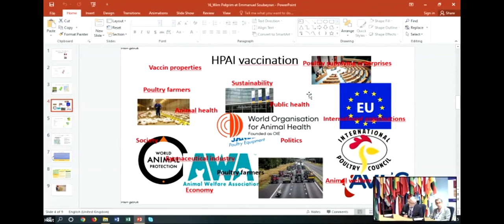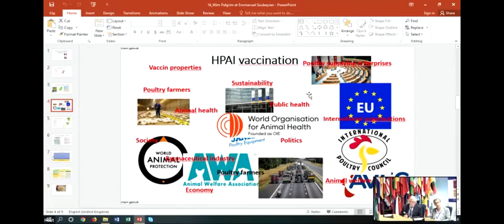A minister has to consider all these aspects. So also sustainability, economics, the political aspects. As a CVO, I should focus on animal health, public health, and animal welfare in my country.